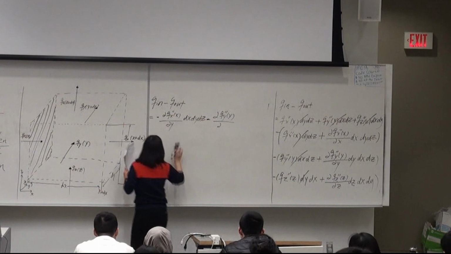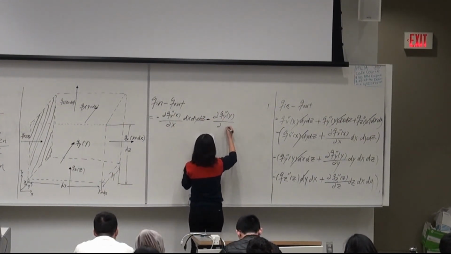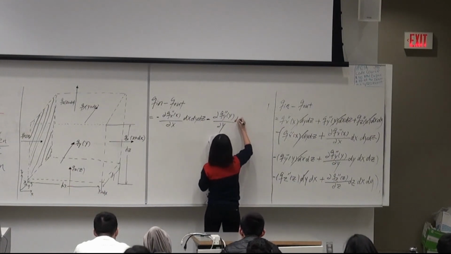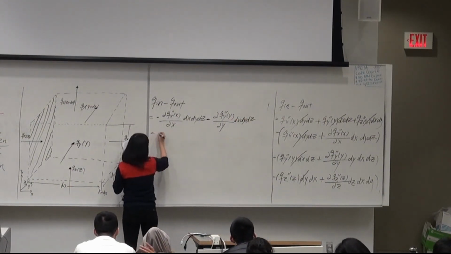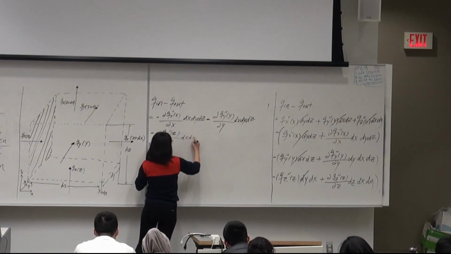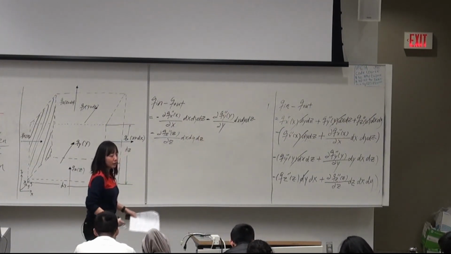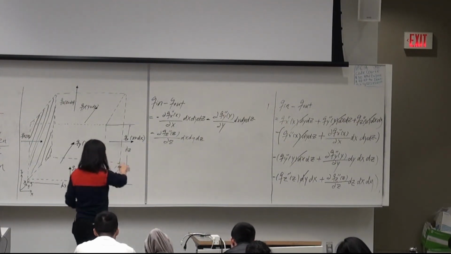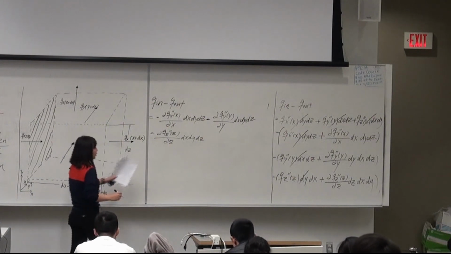So it should be dx dy dz. That's what we end up with after expanding the heat flows out using the first term of the Taylor series expansion.